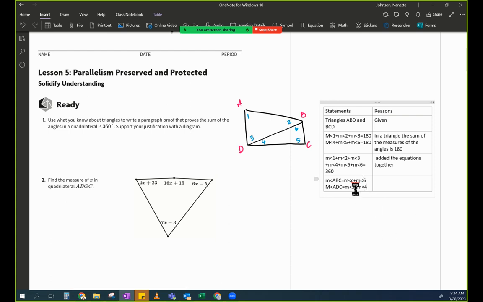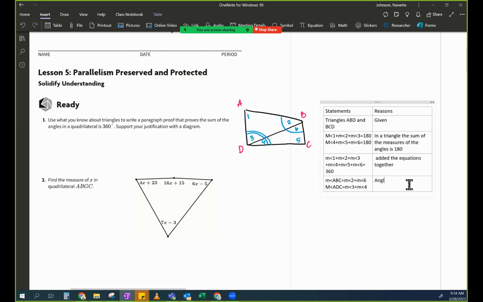That's a C, it should have said 2. So the reason why we want to do that is that now I can talk about these angles as one big angle instead of two littler angles. So then that way it makes sense.